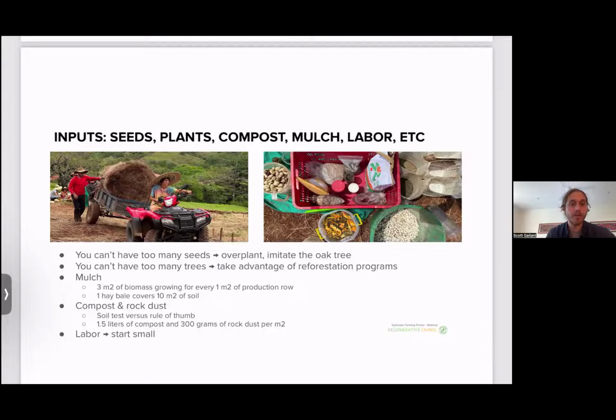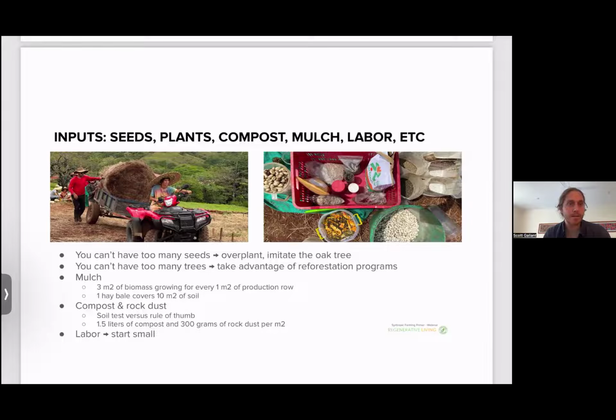A rule of thumb for mulch is that I want 3 cubic meters of mulch plants growing for every 1 cubic meter of production that I'm going to have. All that being said, we could avoid all of these inputs if we take our time to create an accumulation system. And we'll look at that here at the end of our call.